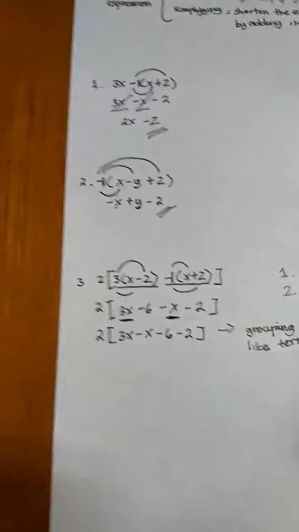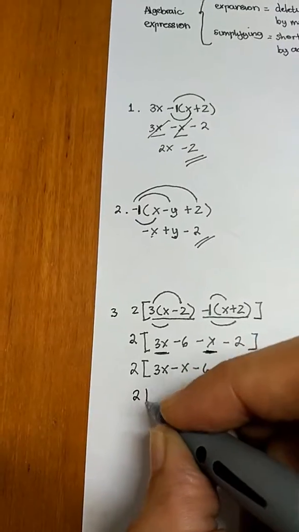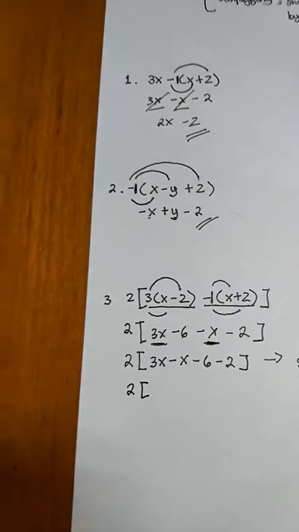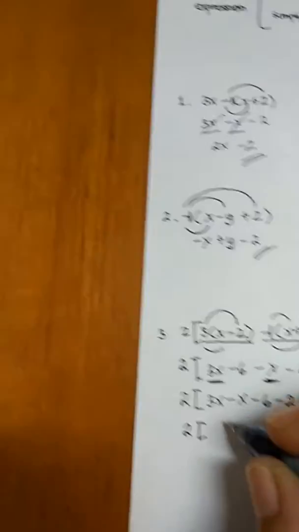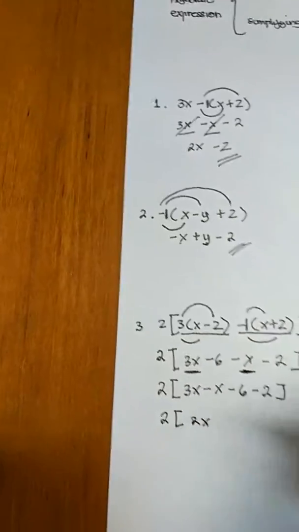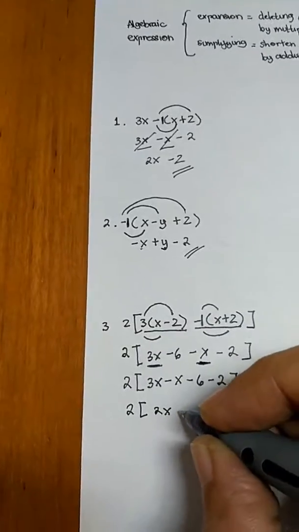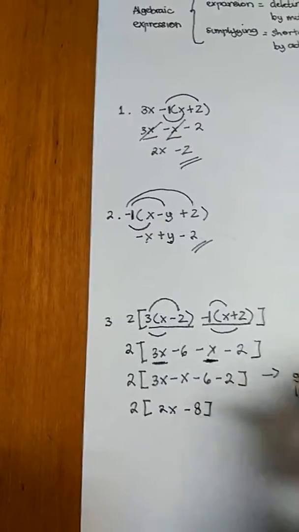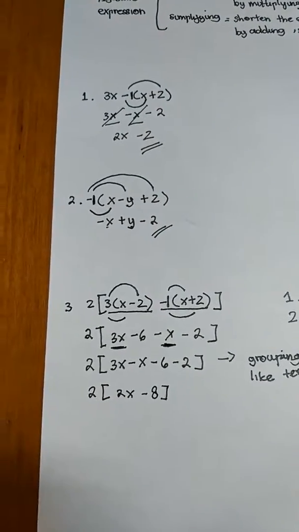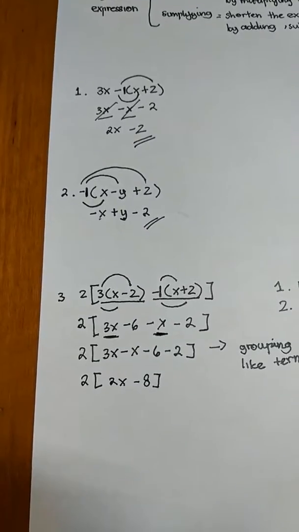Now after that you do the addition and the subtraction. Look, 3x minus x, that one will be 2x. Minus 6 minus 2, that one will be minus 8. Now are we done here?